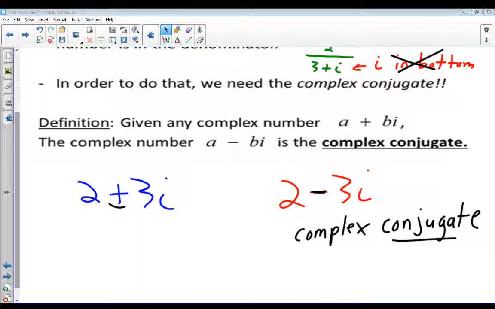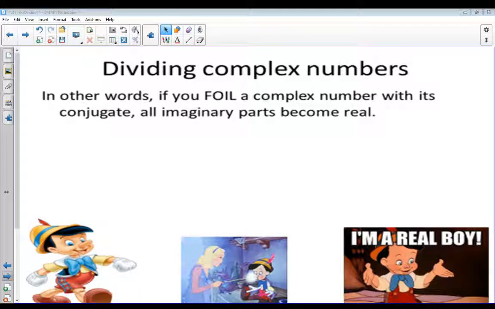Easy enough, but why is the conjugate so important? How does the conjugate help us? Well, it turns out the conjugate has a way of making imaginary numbers real. Let me show you. So let's pretend I have 2 plus 3i.